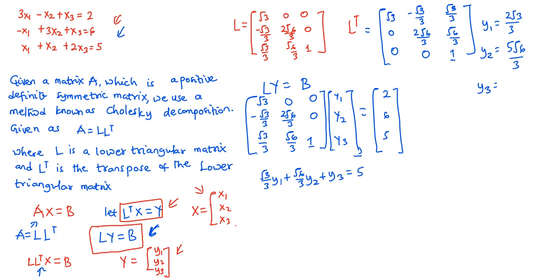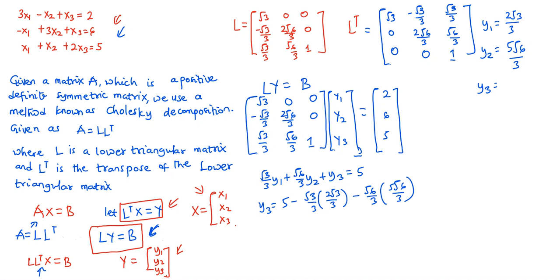Let's solve for y3. y3 is equal to 5 minus root 3 on 3 multiplying y1, which is 2 root 3 on 3, and then minus root 6 on 3 multiplying y2, which is 5 root 6 on 3.